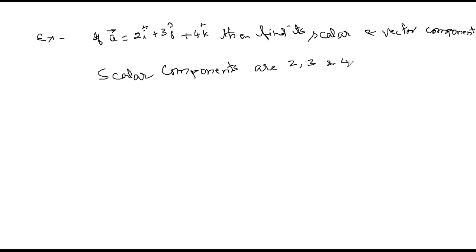These are the scalar components. And vector components are 2i, 3j, and 4k. When they are asking only components, we can do it like this. This is example number 1.